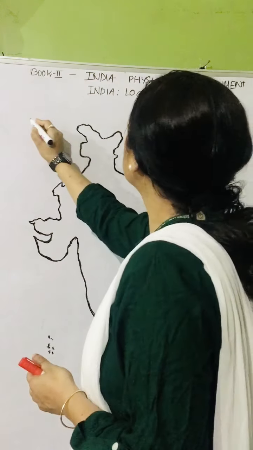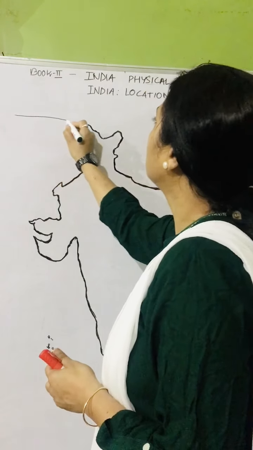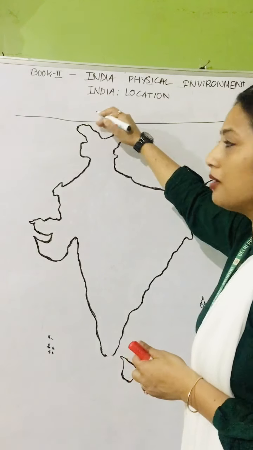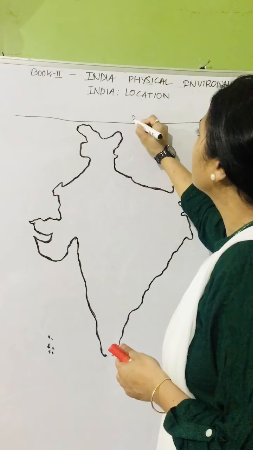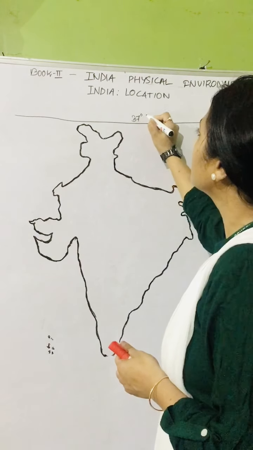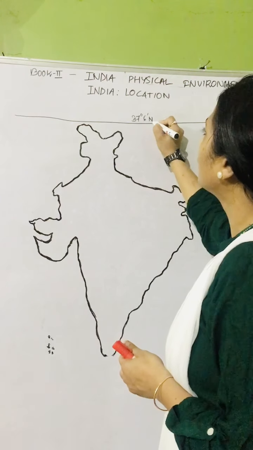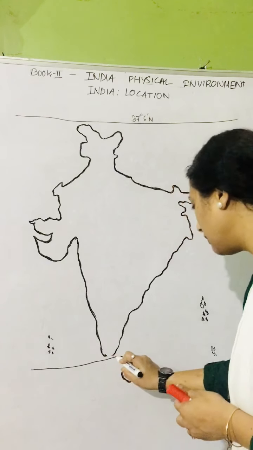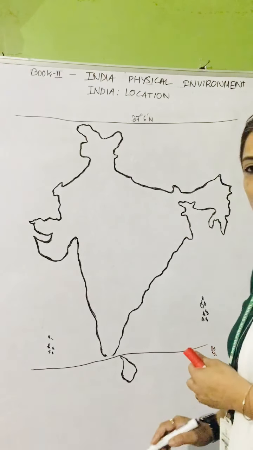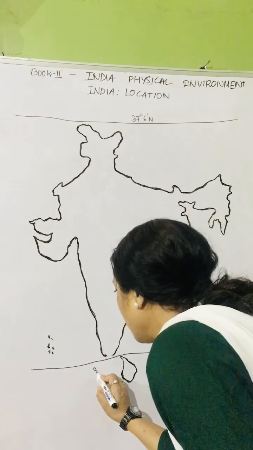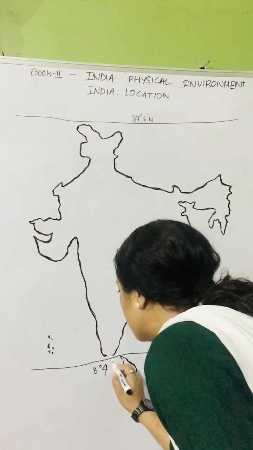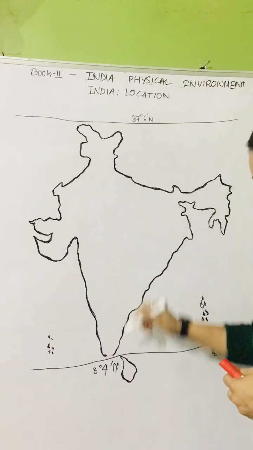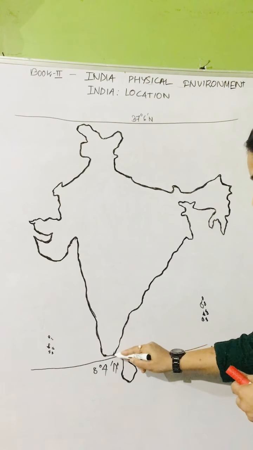Let's see, we had already discussed that the northernmost latitude, which touches the northern boundary of our country, is 37 degree 6 minute north. The southernmost latitude is 8 degree 4 minute north. We are writing N because India is in the northern hemisphere.